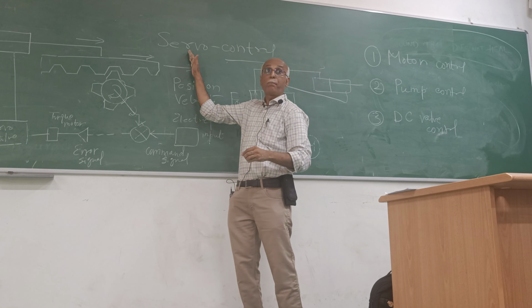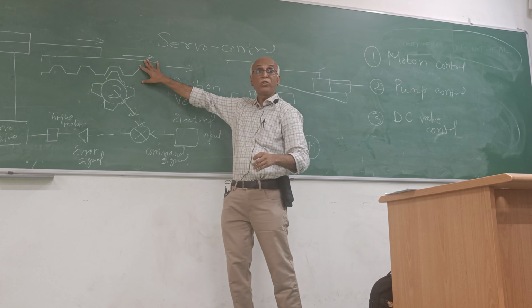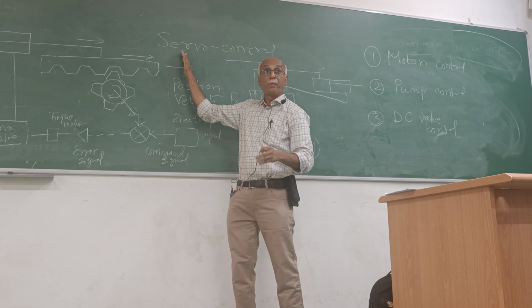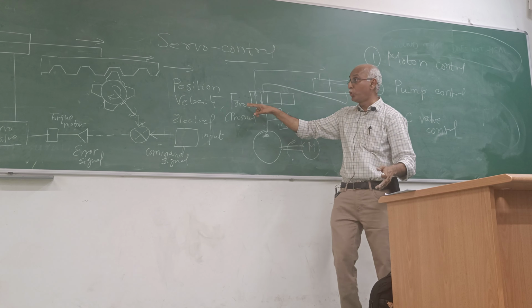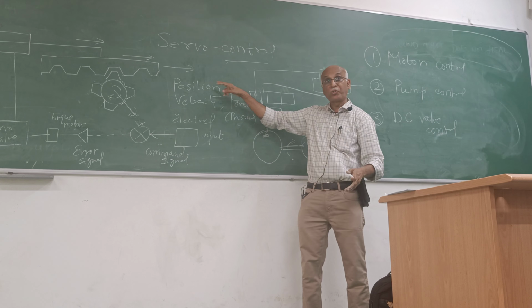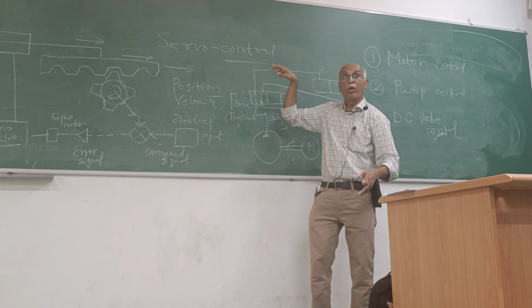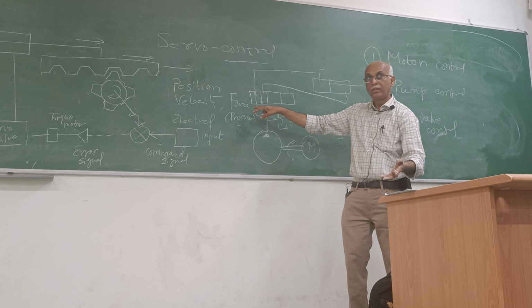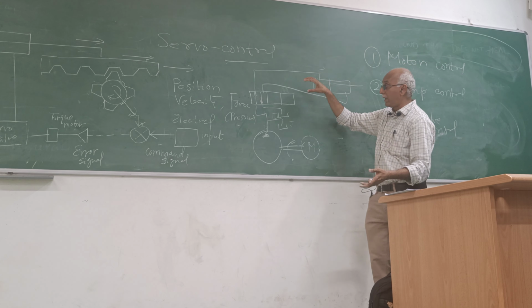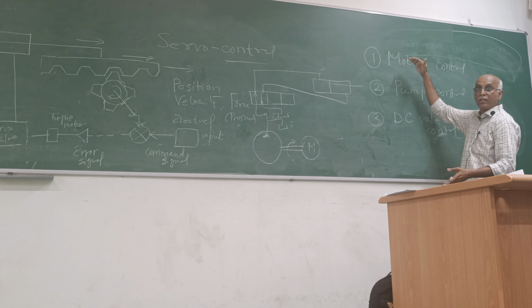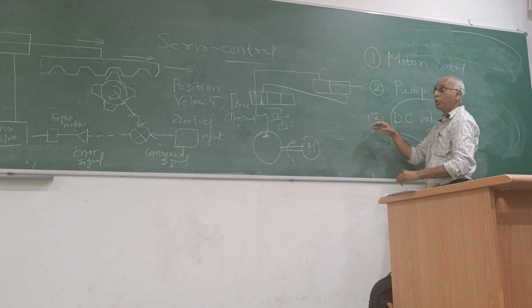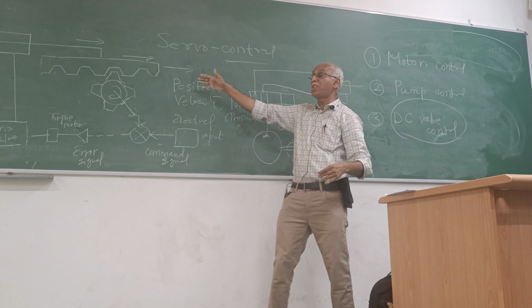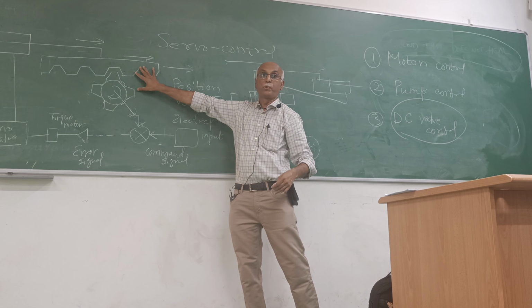If the force builds up over here, the machine should stop or position itself somewhere indirectly. So I can use either of the three signals, position or velocity or force or pressure, to control either of the three. Generally we prefer DC valve control to achieve the desired output over here.